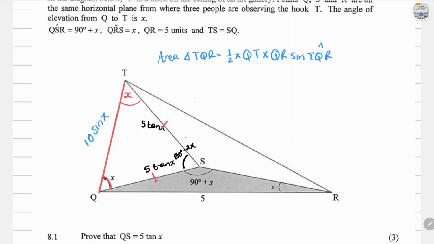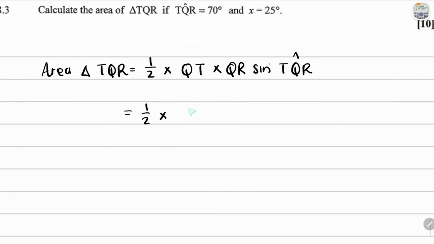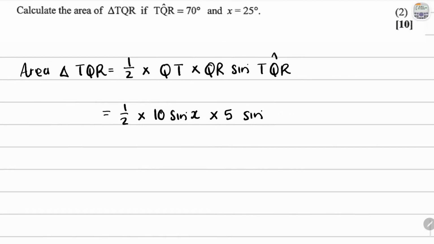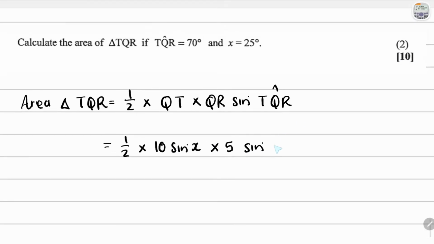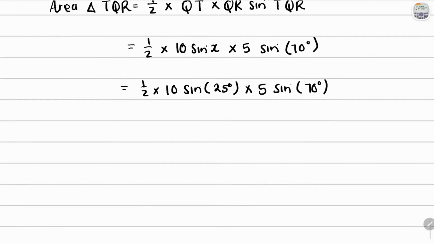So that's what our formula would look like. So this is equal to a half multiplied by QT, which is 10 sine x, and multiplied by QR, which is 5 units, and then sine of this angle, which we know is 70 degrees. Okay, so we're just going to substitute where necessary. So in place of x, we can substitute 25 degrees because they told us that already. Okay, so it looks like that.